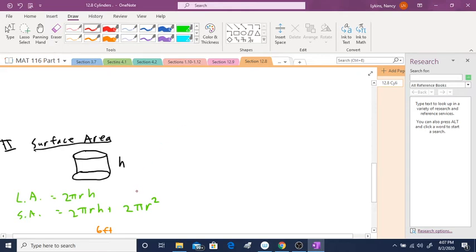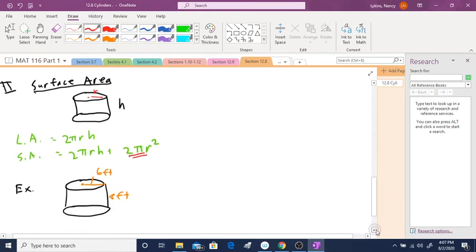Here are the two formulas. 2 pi r times h is your lateral area, and then your surface area includes the bases. The base has the radius, and you've got two of them. The circle area is pi r squared, and you've got two of them, and that's where we get the 2 pi r squared.